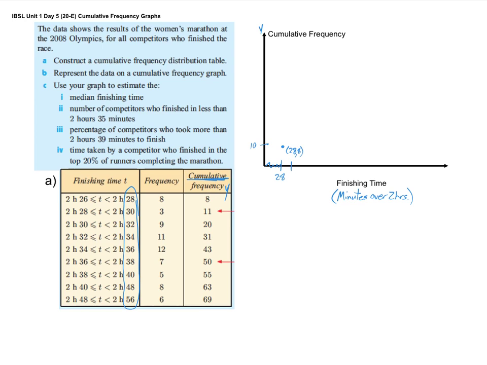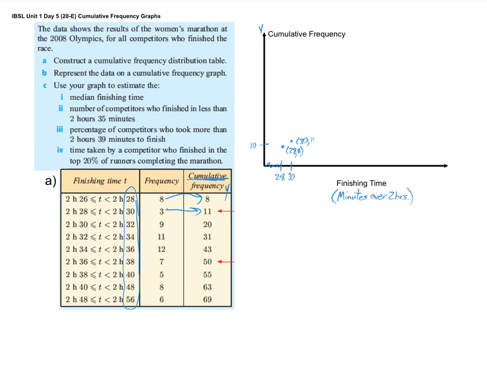So at 30, what's our y value? 11, okay? Notice here, cumulative frequency, there were only a total of 8 up to 28, but now we add the 3 to it, 8 plus 3, now we have a total of 11 people that are at this time or below. So there's our point, 30, 11.